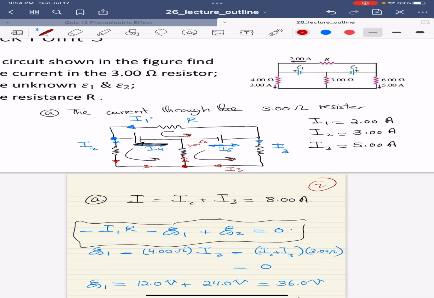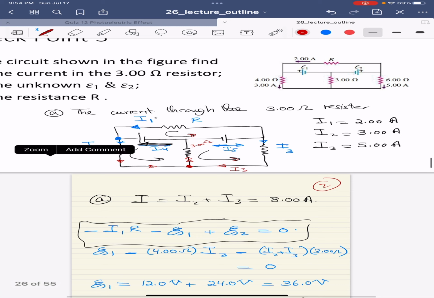Then I can say that the current through the 3 ohm resistor is going to be 3 plus 5, which is 8. Now I will say this is loop 1, this is loop 2, and this is loop 3. For loop 1, I'm going in the direction of the current, so negative I1R.